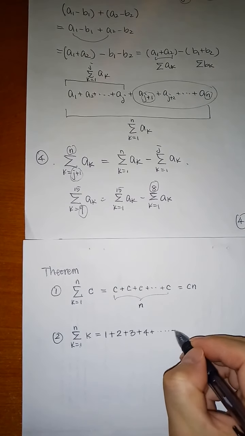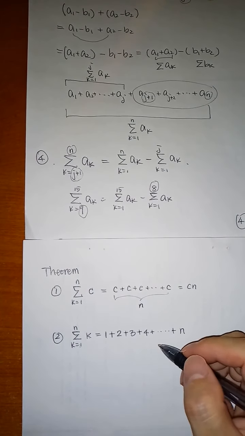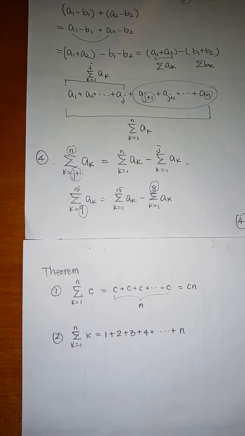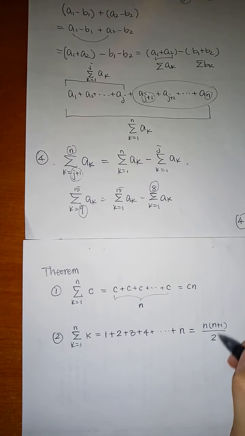K is 5, you get 5. Up to k is n, you get n. So what's this? This is the sum of the first n integers. And the formula is that it is equal to n times n plus 1 divided by 2. We will see this proof soon.